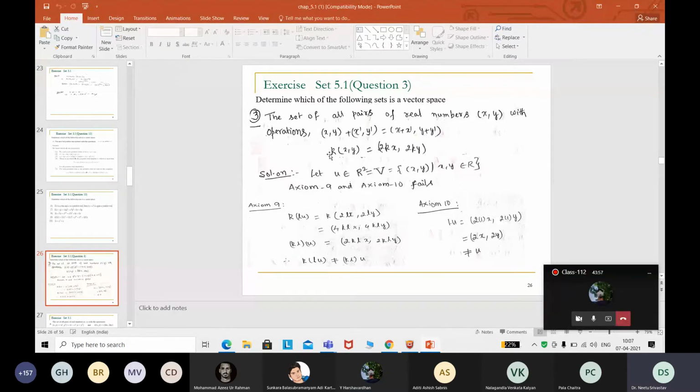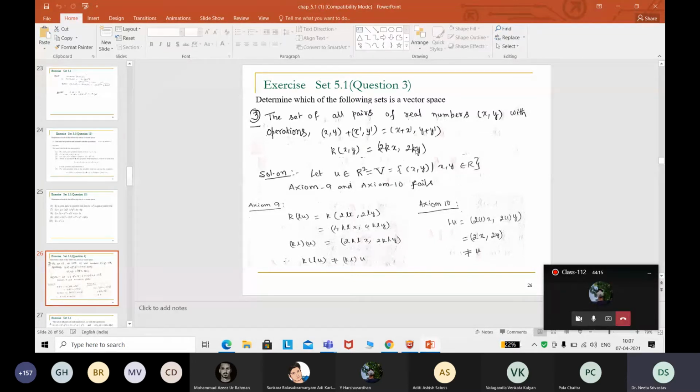So if you multiply k into (x, y), it is going to be 2kx comma 2ky. And 9 also will fail.